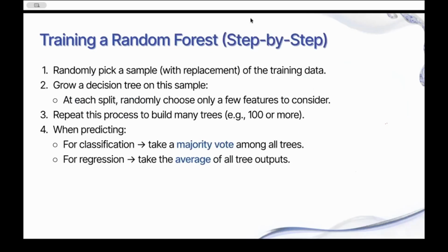So let's look step by step at how to train a random forest. The first thing you do is randomly pick a sample with replacement of the training data. Just to refresh your statistics terminology, picking a sample with replacement means you have a basket with many papers.